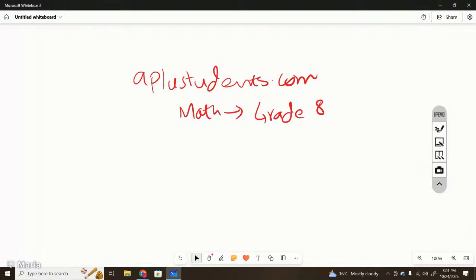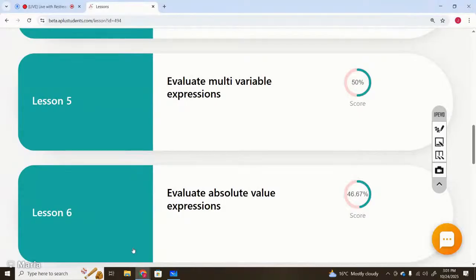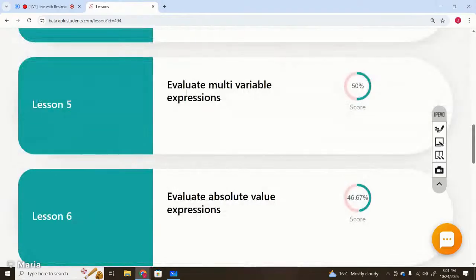We're going to start with the chapter expressions and properties.